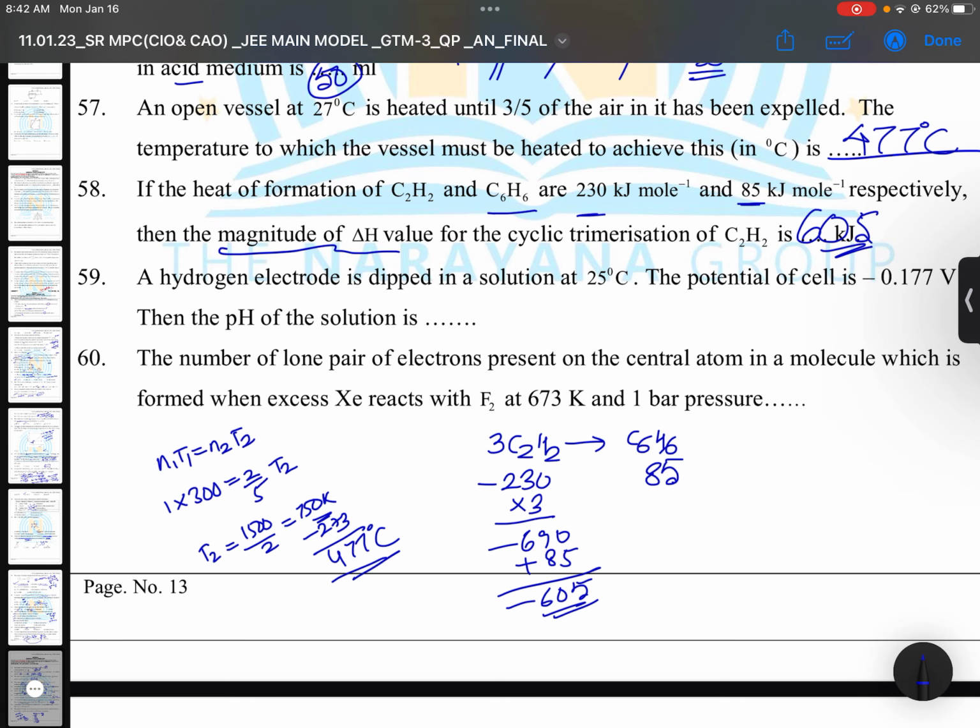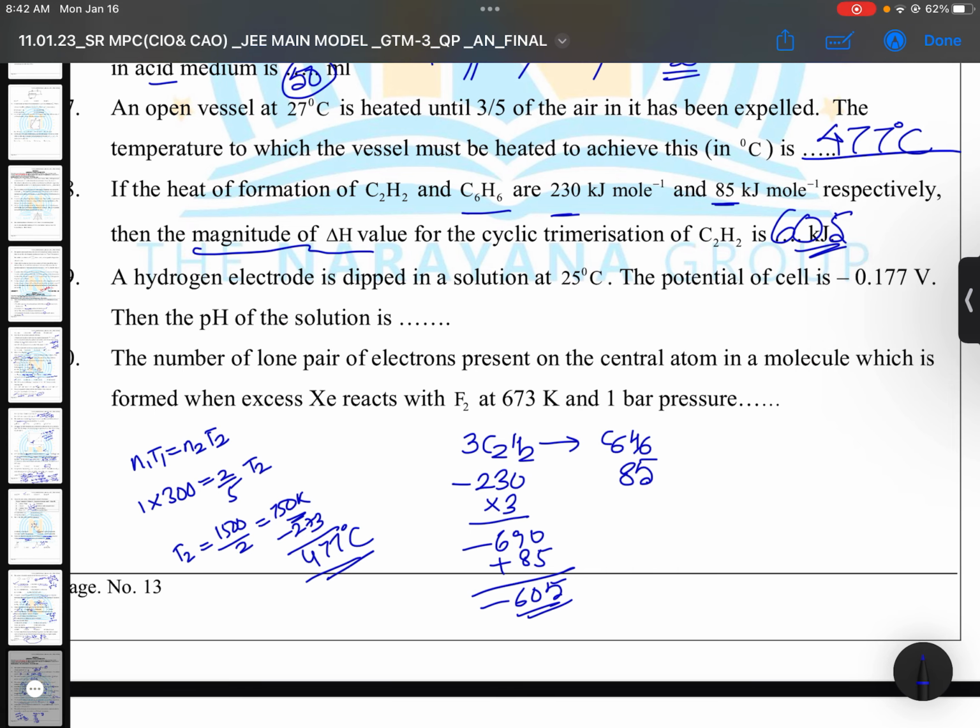A hydrogen electrode dipped in the solution, the potential of the cell is equal to 0.177, it is E equal to minus 0.059 into pH. So pH is equal to 0.177 by 0.059, which is 3. Easy question.